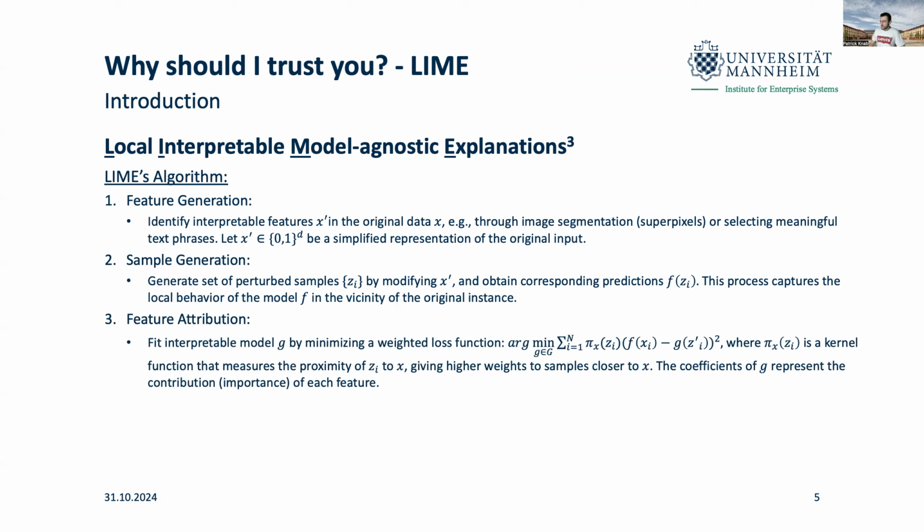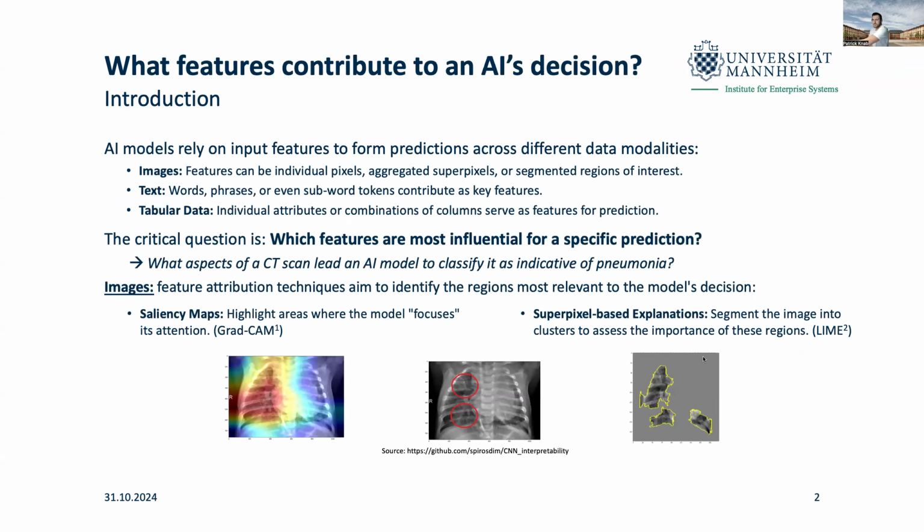Later, we use the coefficients of G to represent the contribution of each feature. So that's in the end our actual explanation. The top K features with, for example, the highest absolute weight form our explanation. So if we go back, those three coefficients representing the superpixels were the most influential ones.